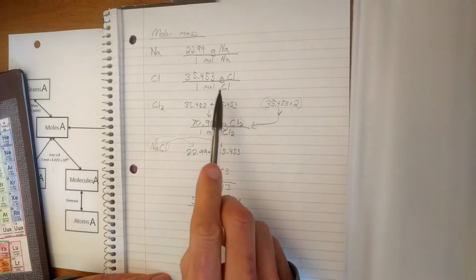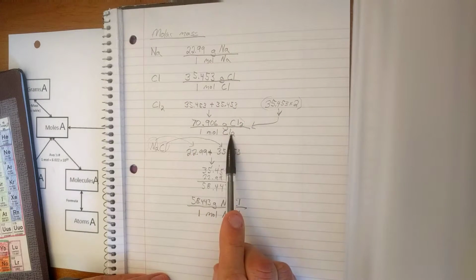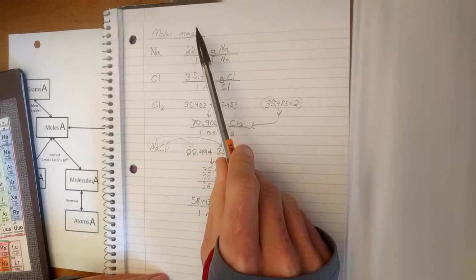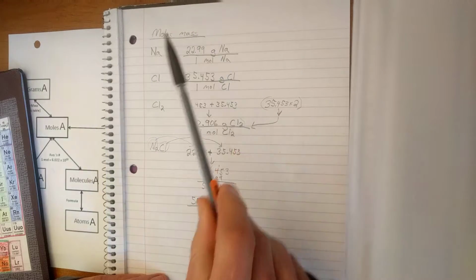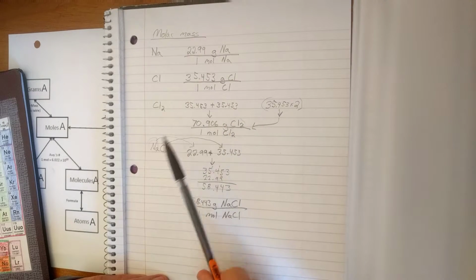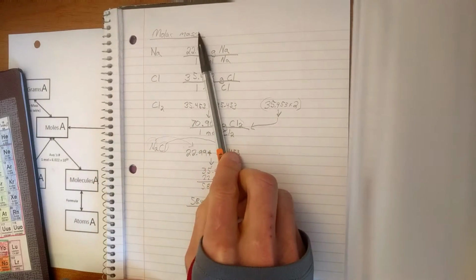Notice how in each and every one of these, it's 1 mole sodium, 1 mole chlorine, 1 mole Cl2, 1 mole NaCl. Molar masses are defined as the mass per 1 mole. If you're ever told that you have more than 1 mole, that's part of a conversion. You'll start with that, then you'll use the molar mass.